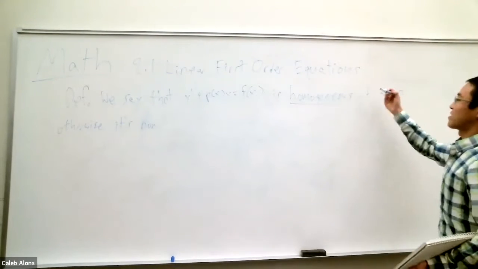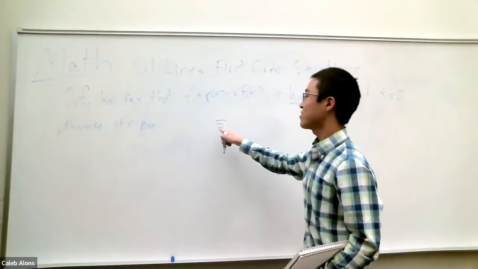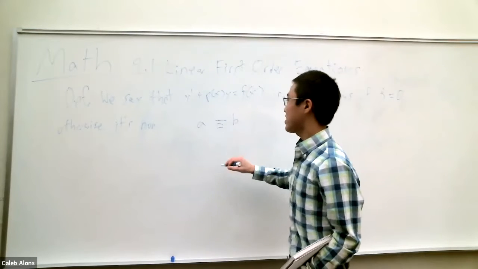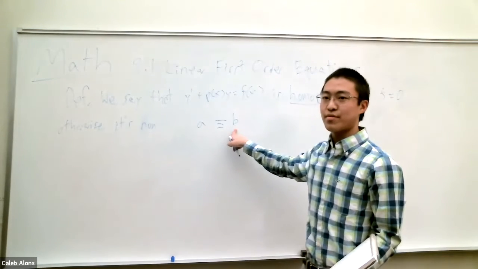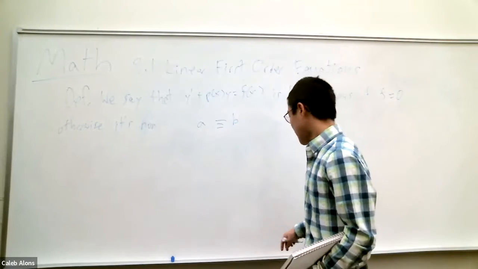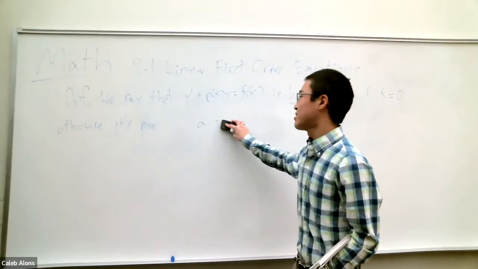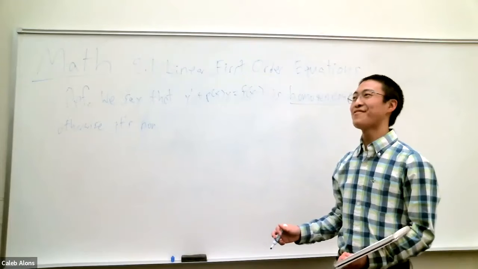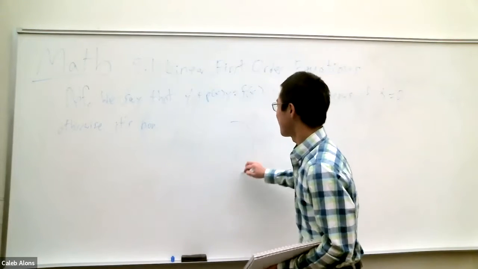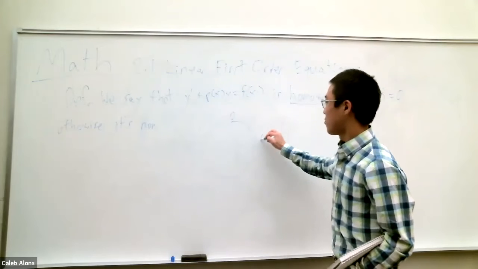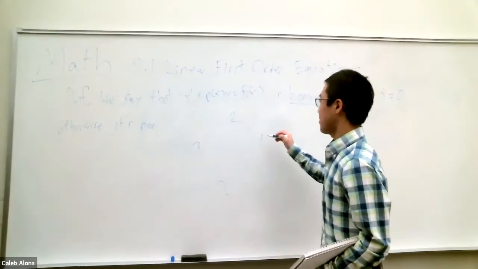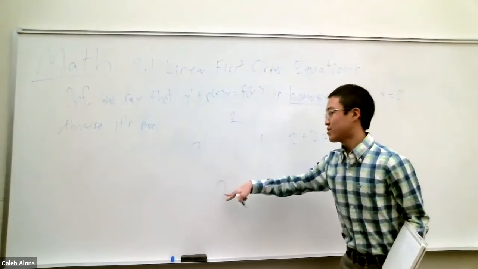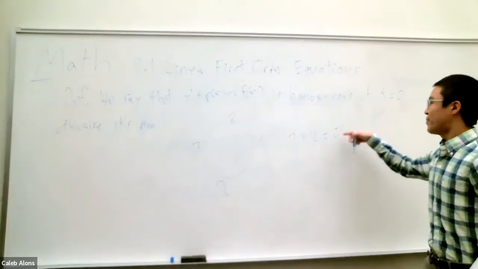Quick terminology thing. If you see this triple bar, that's what we call congruency. If you had A congruent to B, that's how you would read it. Congruency is something from algebra. If you imagine a clock with 0, 1, 2, and you started at 2 and added 2, you would get to 0, but we know it's not actually 0.